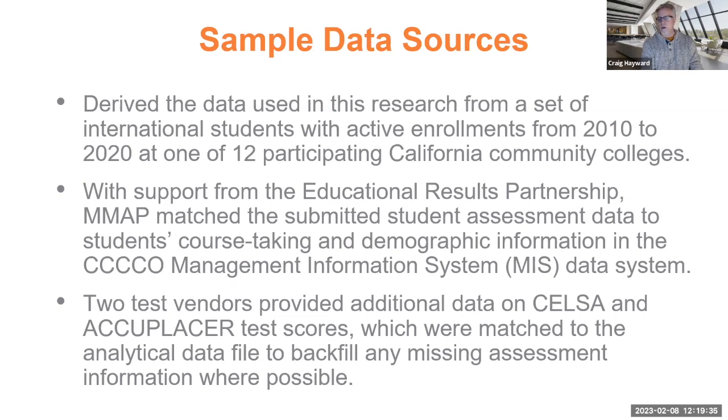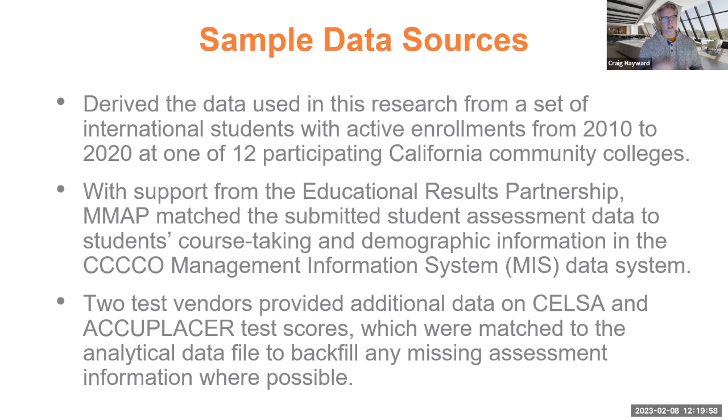So onto the current analysis. Our data source for this work was the Chancellor's Office MIS data, which is data that all of the colleges submit in a standardized format to the Chancellor's Office, that is then made available through a partnership with the Educational Results Partnership.